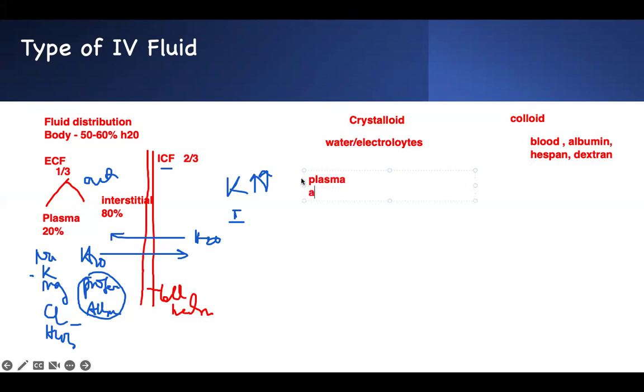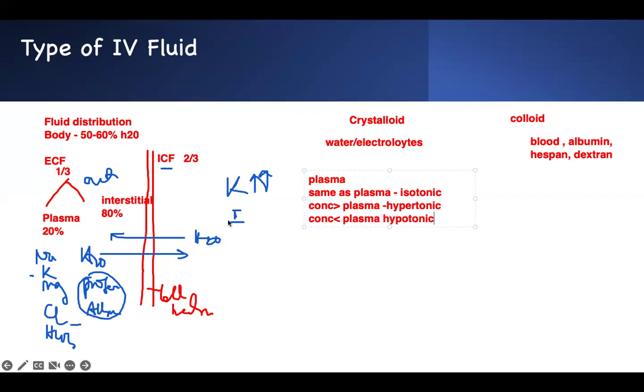If you have the same concentration as plasma, it is called isotonic. If your concentration is greater than the plasma, you'll be considered hypertonic. If your concentration is less than that of plasma, you'll be considered hypotonic.